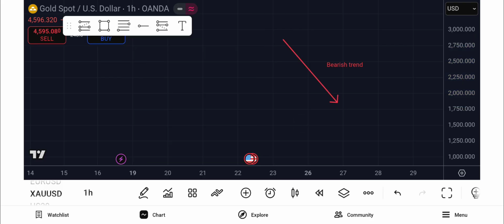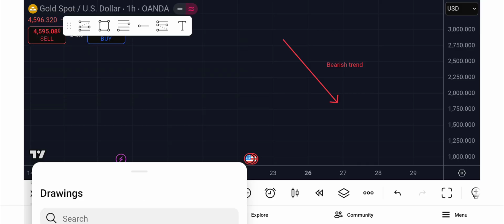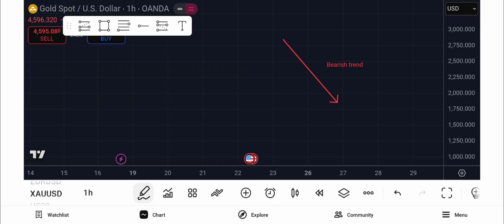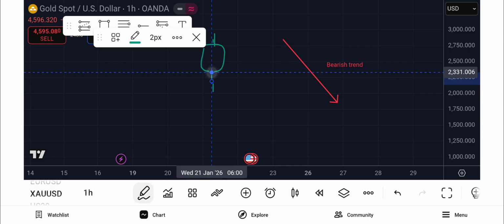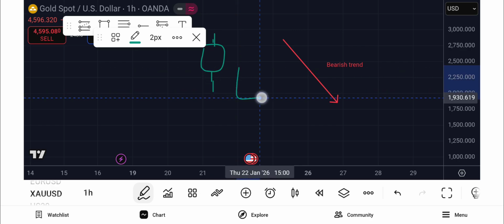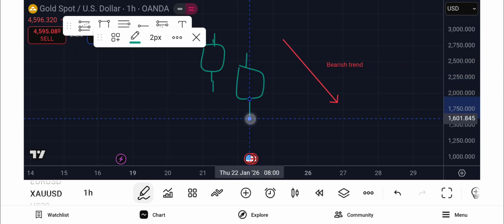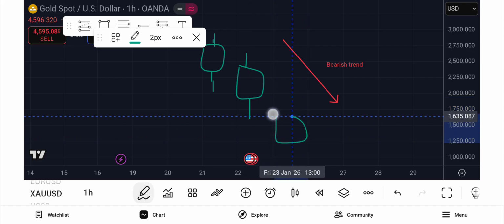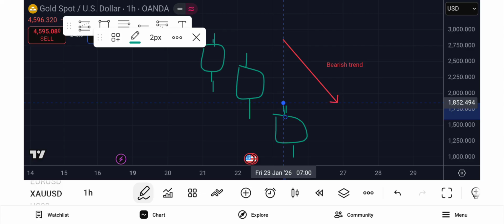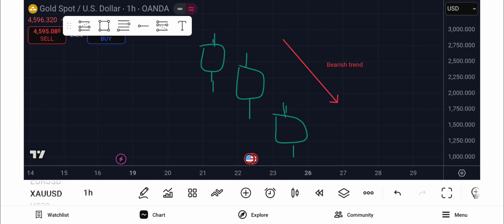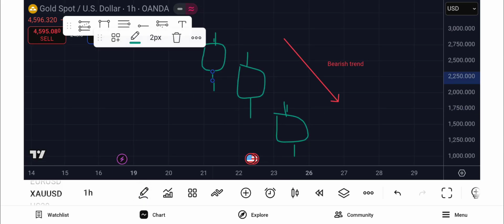So you would basically get 3 candles again. Let's say 3 candles going down.